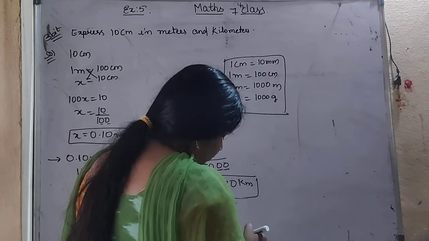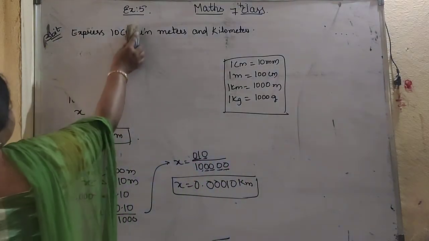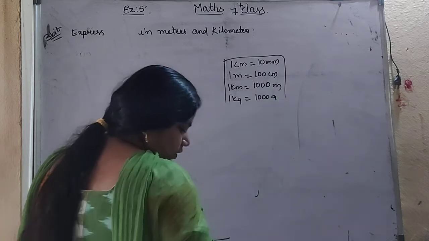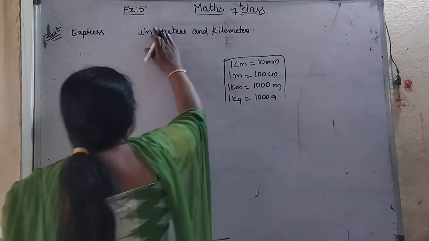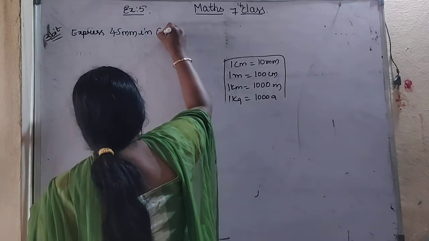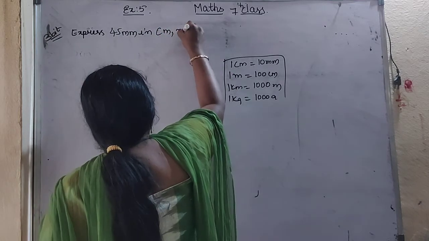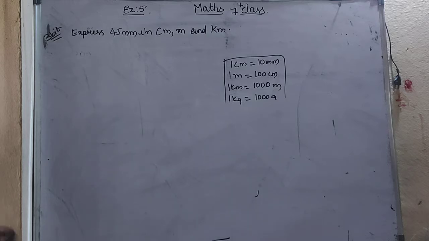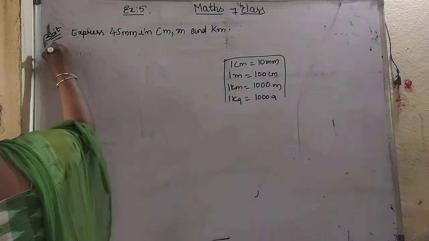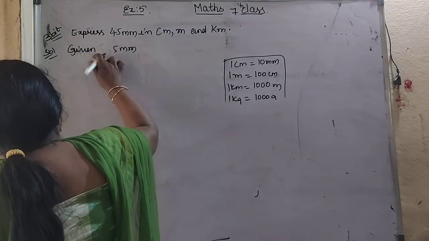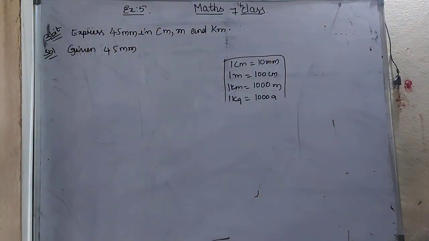In this second one, now we have to convert 45 millimeters into centimeters, meters and kilometers. First we will convert this millimeter into centimeter. Given 45 millimeters, we have to convert into centimeters first.